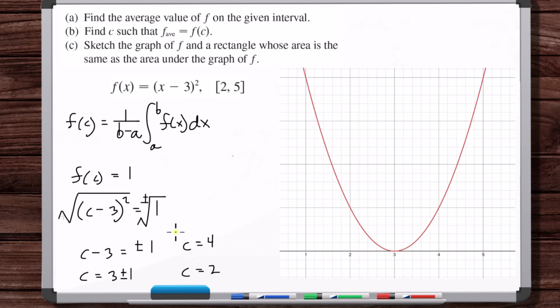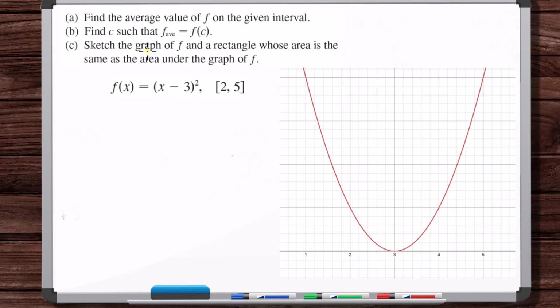So there's 2 c's. c is equal to 4 and c is equal to 2. And again, what is that saying? It's just saying that the average value of the function over the interval from 2 to 5 is equal to 1. And then there's 2 values within the interval from 2 to 5 where if you plug in those x values, the function is equal to 1. f of 2 and f of 4.